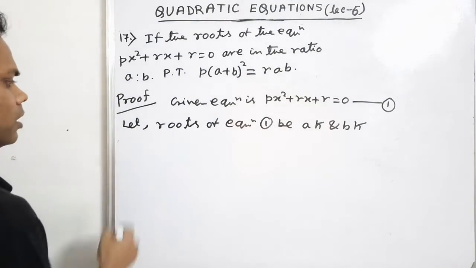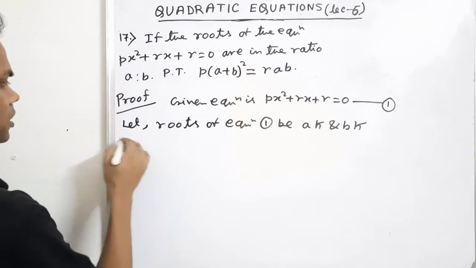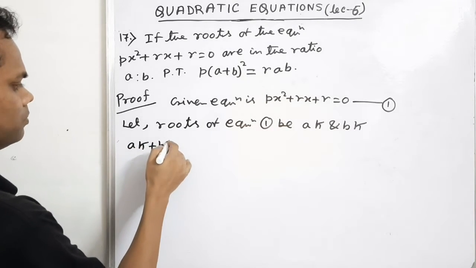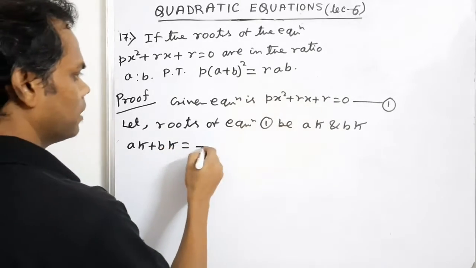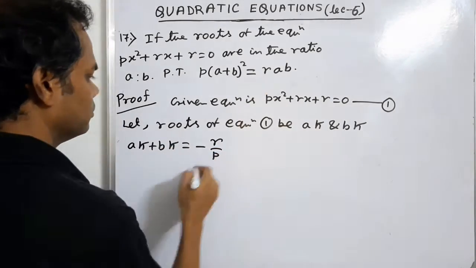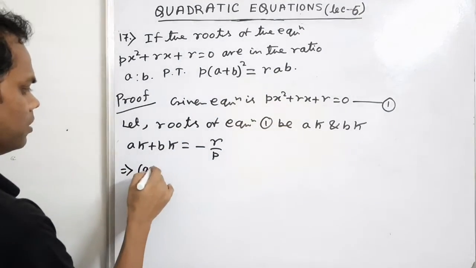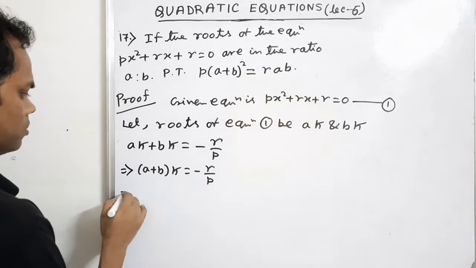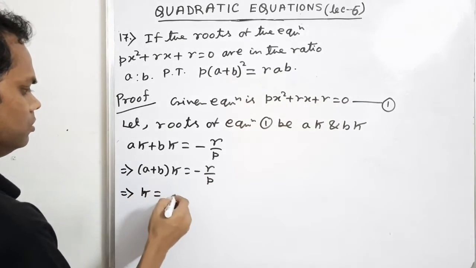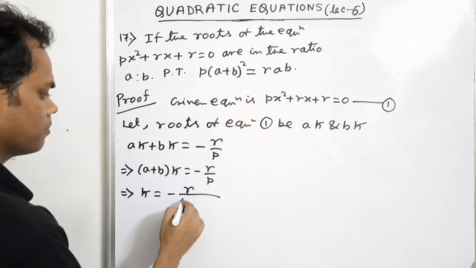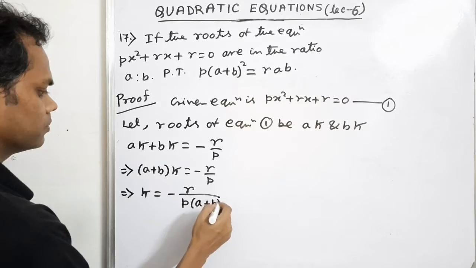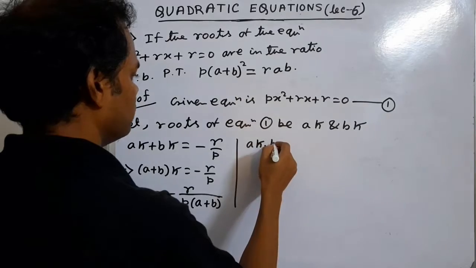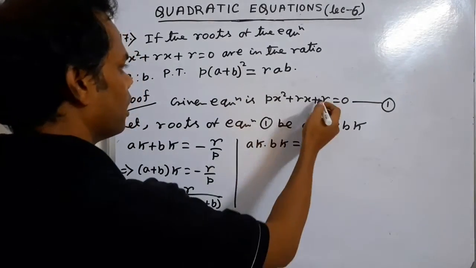Then the sum of two roots: ak plus bk equals minus r by p. So (a plus b) k equals minus r by p. So k equals minus r by p into (a plus b). In the next part, the product of roots ak into bk equals r by p.